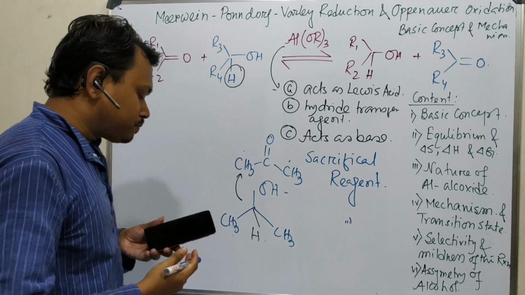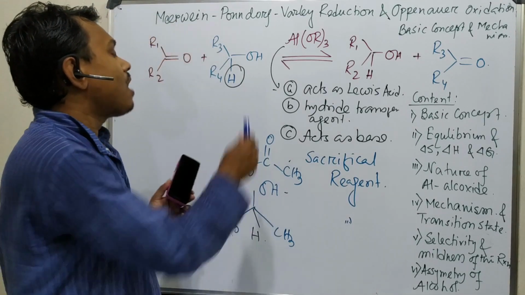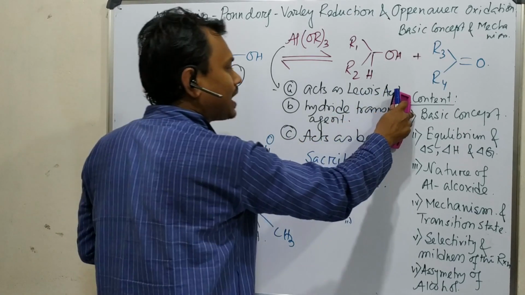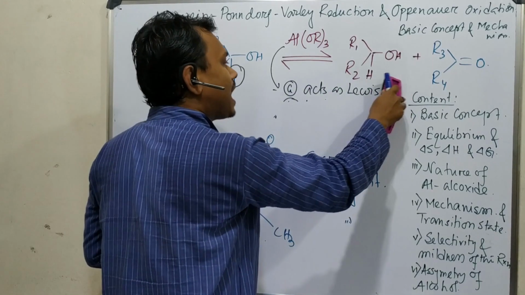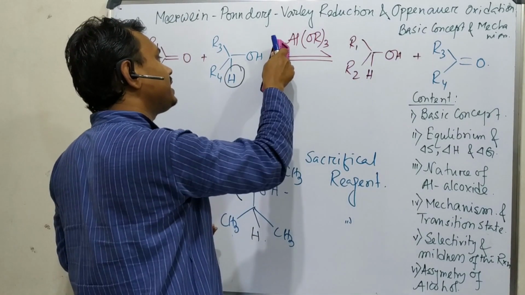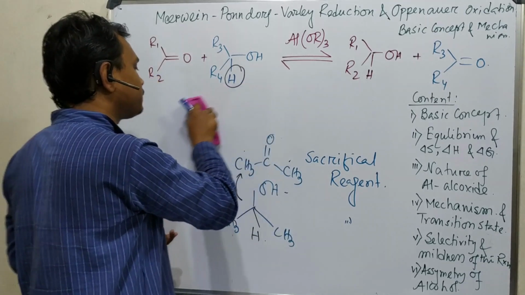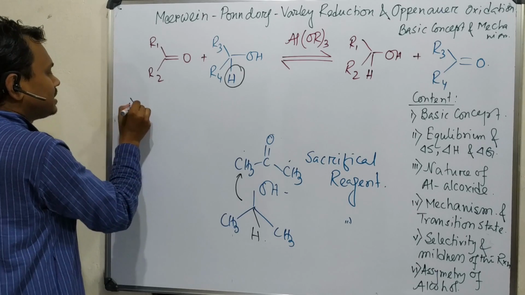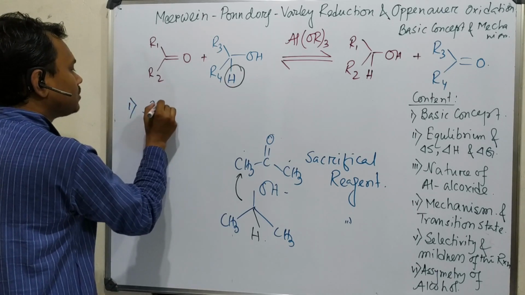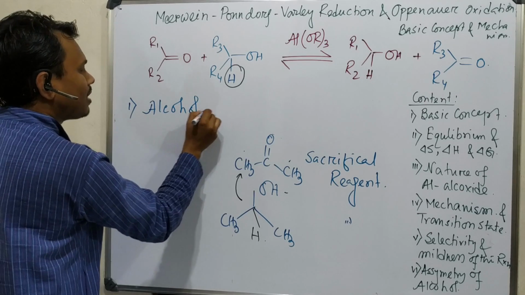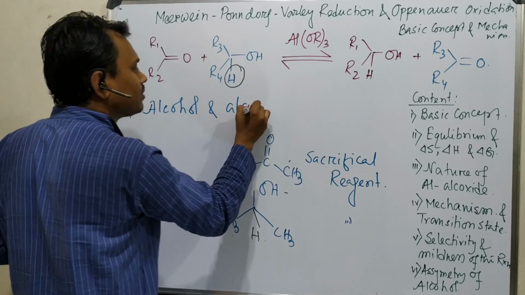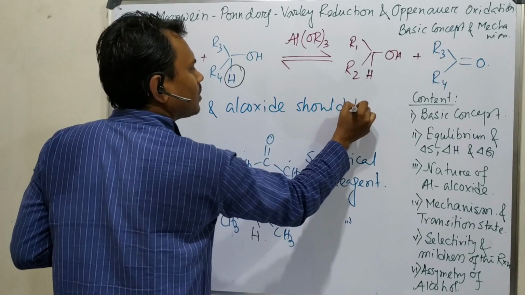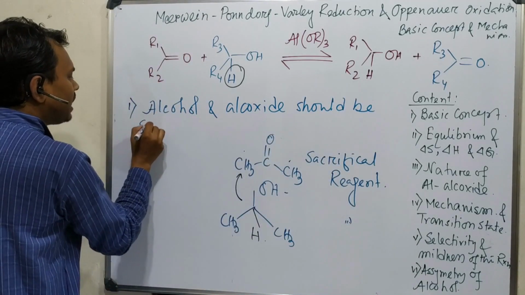alkoxide. So one point you should keep in mind. How to choose? I have written R. What is the guideline or criteria to choose the alkoxide? In this context, I suggest you keep a few factors in mind. First, the alcohol and the alkoxide should be of similar origin.